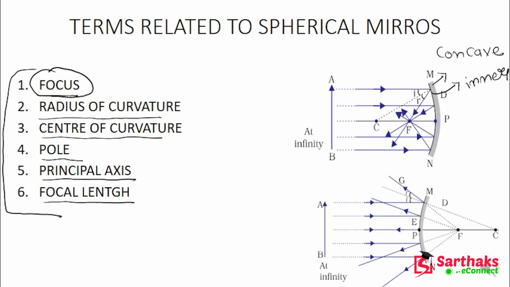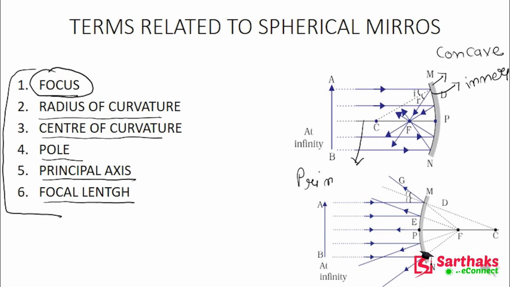Now, if I ask you what is a focus, I need to give you a very simple example. Let's suppose this is a ray which is parallel to this line in black color, and this line is known as the principal axis.